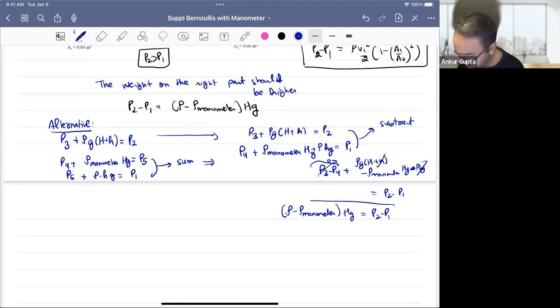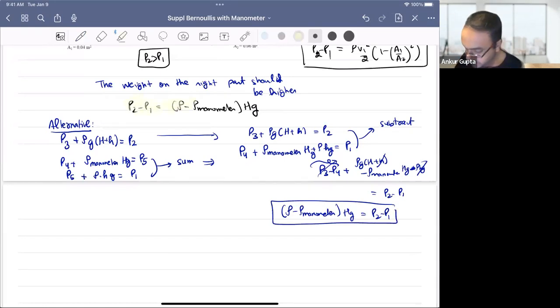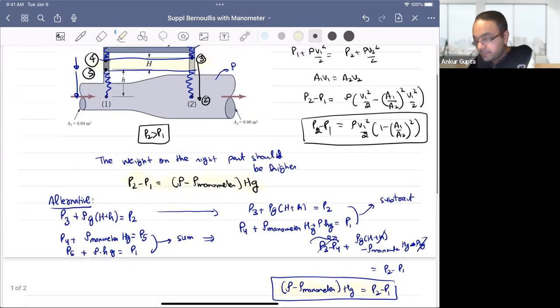So this answer is identical to the one that we just simply wrote by this idea of difference of weight. This is a more formal derivation. So let me first recap. First idea is, you can say the difference is simply the difference of the weight being supported at those 2 points. Or you can do the full derivation.